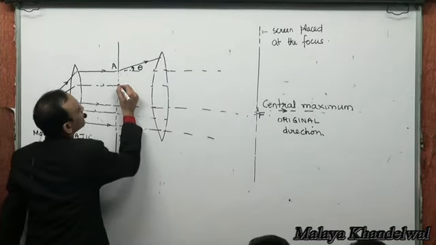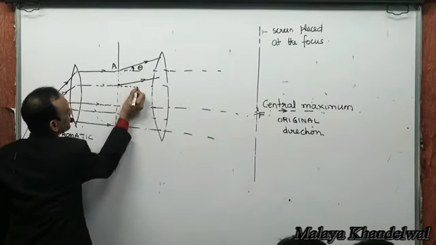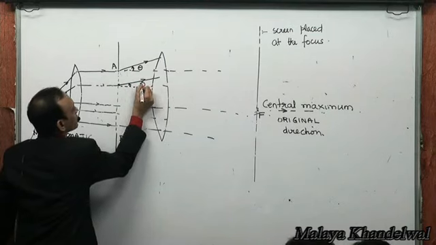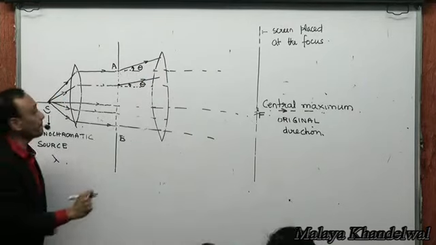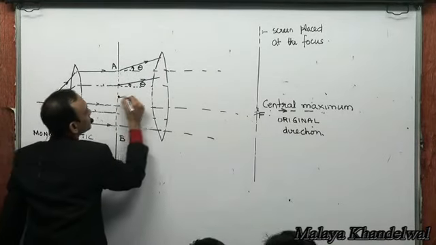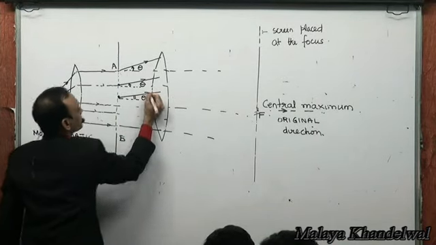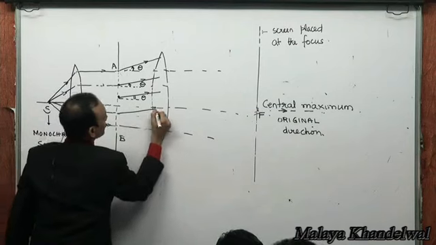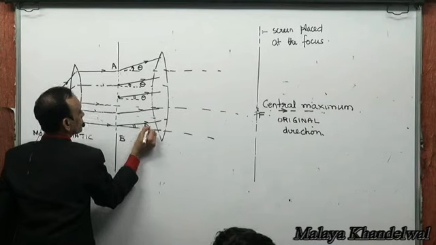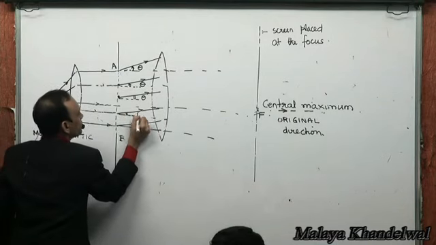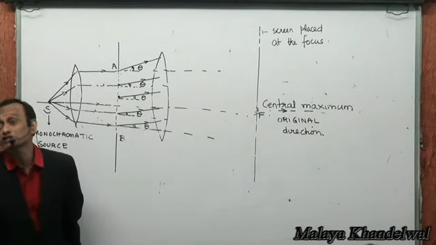There is another particle here. Again, it produces a ray diffracted at an angle theta parallel to this ray. There is a particle here that also produces a diffracted ray at an angle theta. So this is a diffracted beam at an angle of diffraction theta.